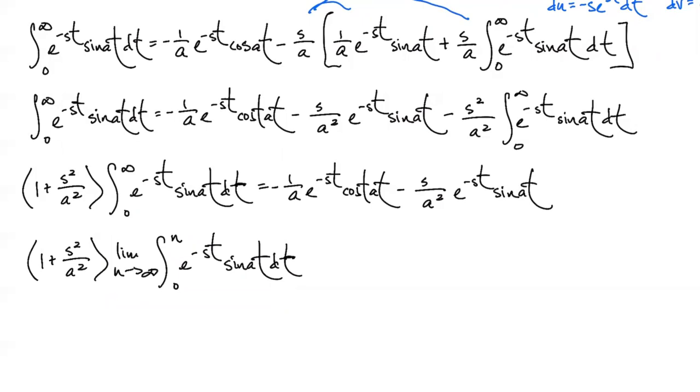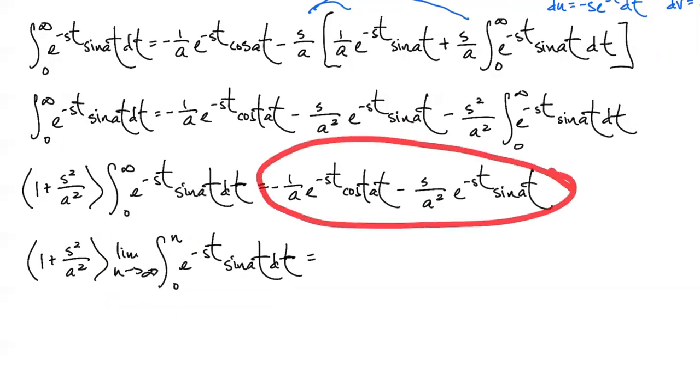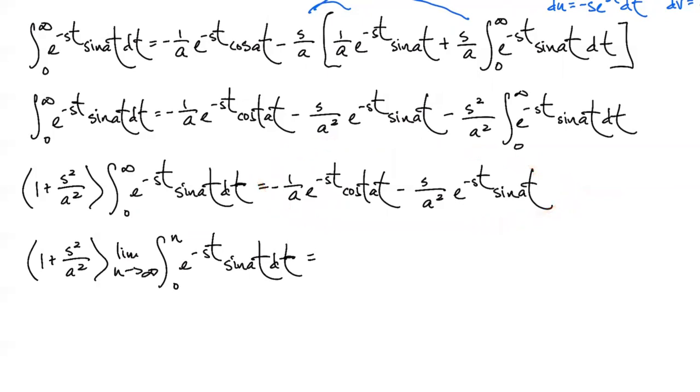We're just saying this is how we handle improper integrals. But what that means on the other side is we're going to take this whole long messy thing. We're going to plug in n. We're going to plug in 0. And we're going to subtract those like we do with any other definite integral. And we're going to evaluate very carefully. And we're going to see what stays and what changes.